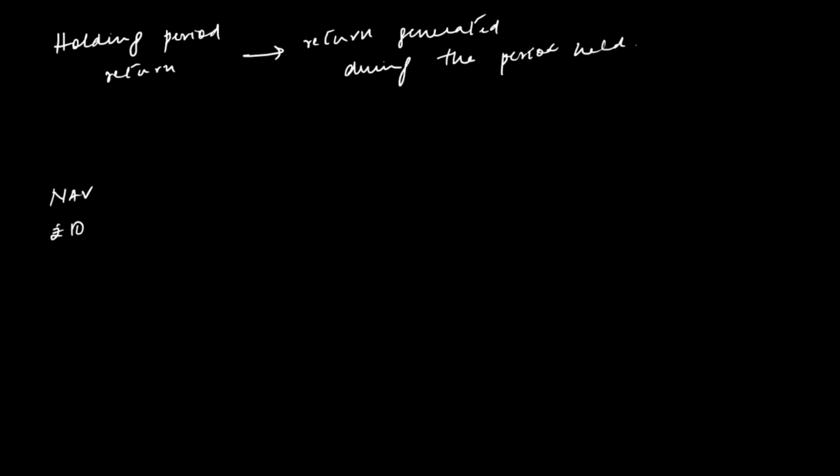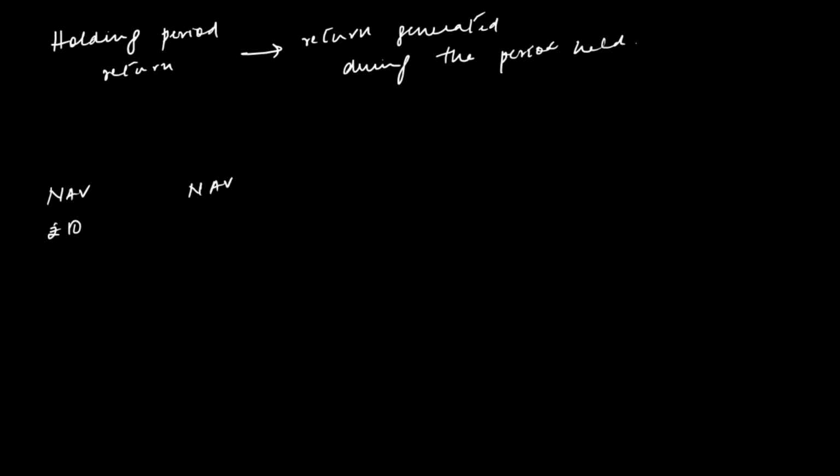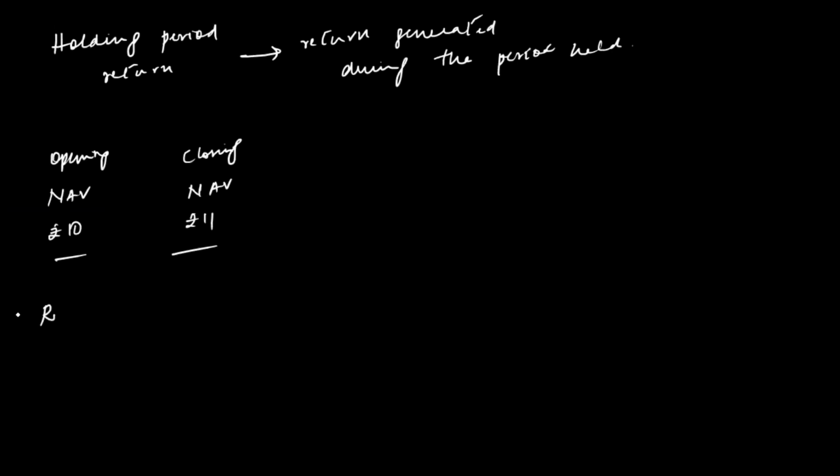Let us assume this. Okay, now the NAV rose to rupees 11. So this is opening NAV and this is closing NAV, right? So if somebody asks me what is the return that you have generated, what will I say? See, when I invested, the value was 10, now it rose to 11. So the return generated is 11 minus 10, that is rupees 1, right?